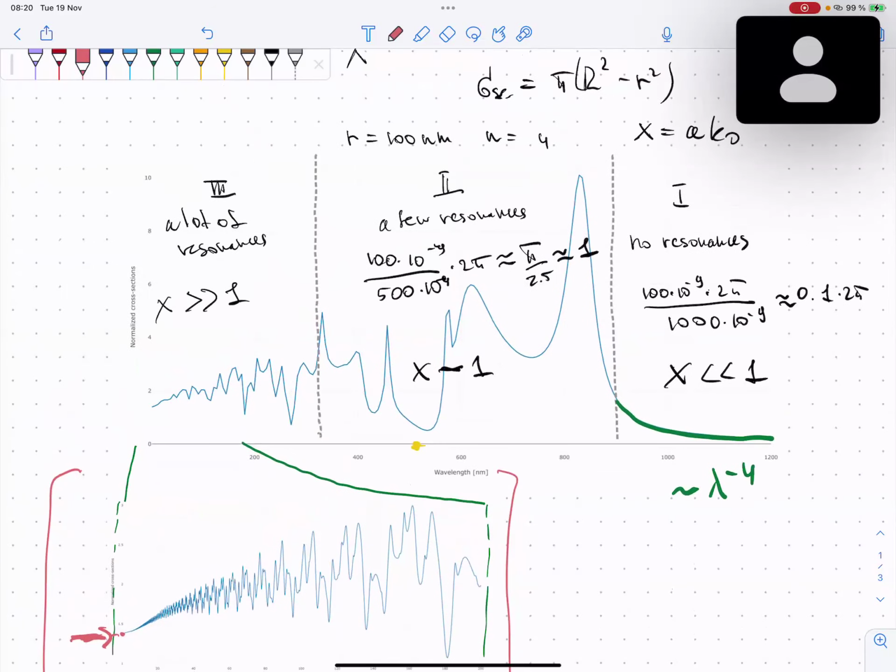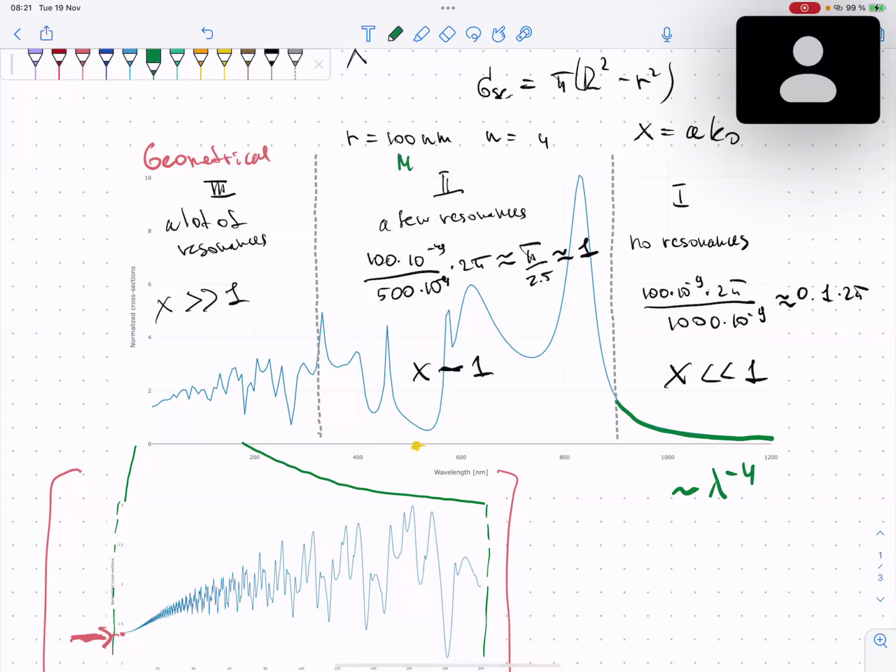And these three regions are named. This region is called the geometrical region, because in this region we can approximate our sphere by a very big, flat interface, and we can explain everything by the geometrical theory of light.